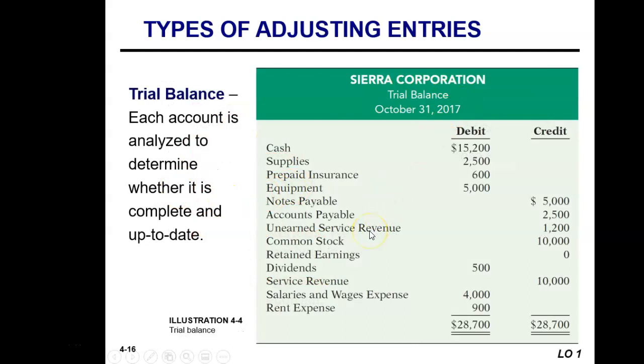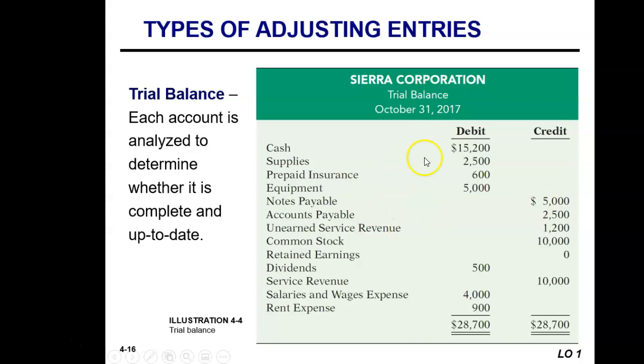Here we see a trial balance, okay? And this is a trial balance before we've made adjustments at the end of the accounting period. So before I can prepare my financial statements, I have to make my adjustments that we'll take a look at, and we'll then prepare what's known as an adjusted trial balance, which will now show each account's correct balance.